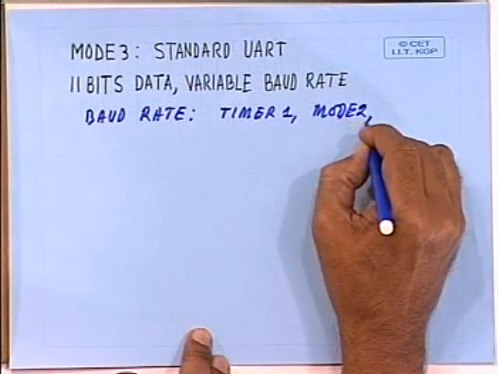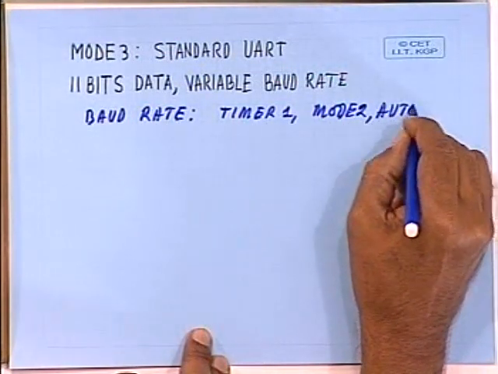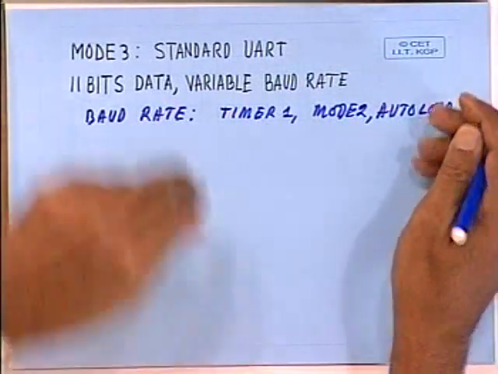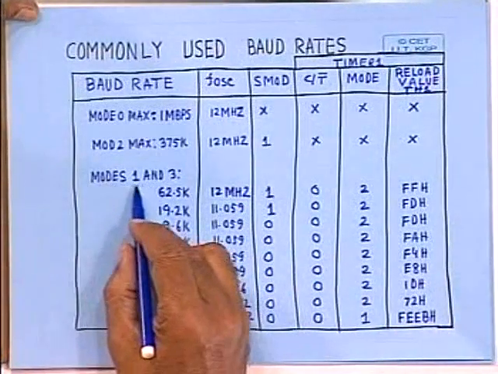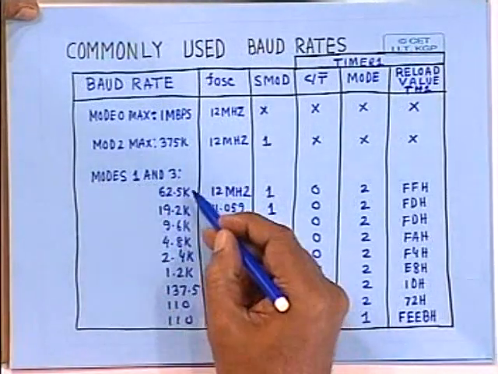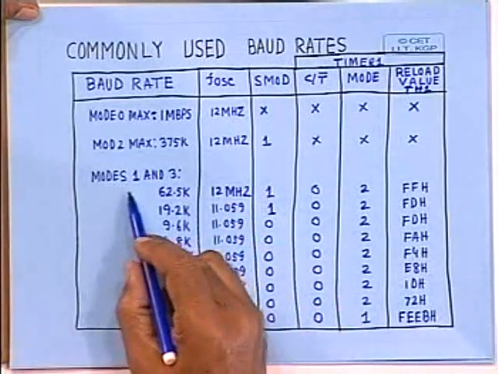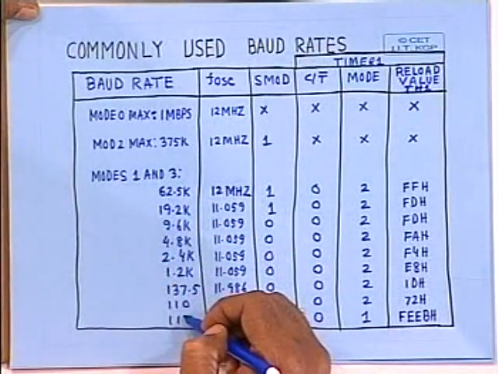Normally mode 2 is used in auto reload mode. So you can get different baud rates, the same as mode 1. That's why modes 1 and 3 are shown here. So all the baud rates which are possible in mode 1, you also get in mode 3.